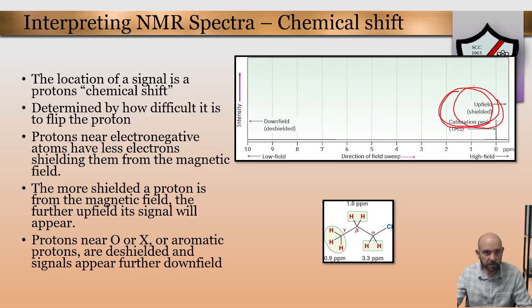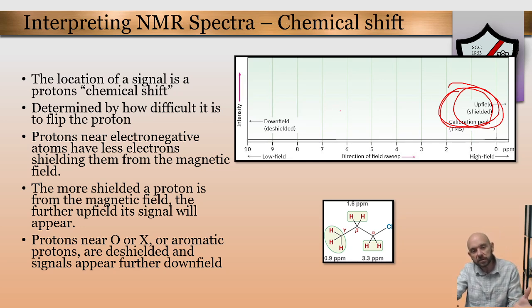spectrum on this side. And for protons that are near electronegative groups, protons that are near oxygens or halogens, or protons in aromatic situations, which protons on benzene rings is how you can think about that right now, they are de-shielded.